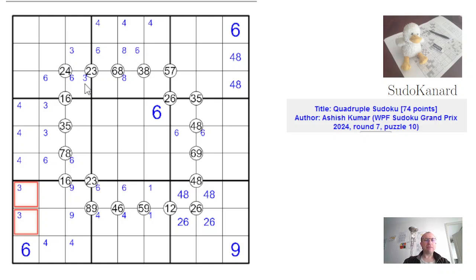The second is that we have located 6 and 3 in this quad, but we also need to have 2 and 4. So this is a 2, 3, 4, 6 quadruple with 2 and 4 here, and all 4 candidates for this cell. And 1 is somewhere in here.